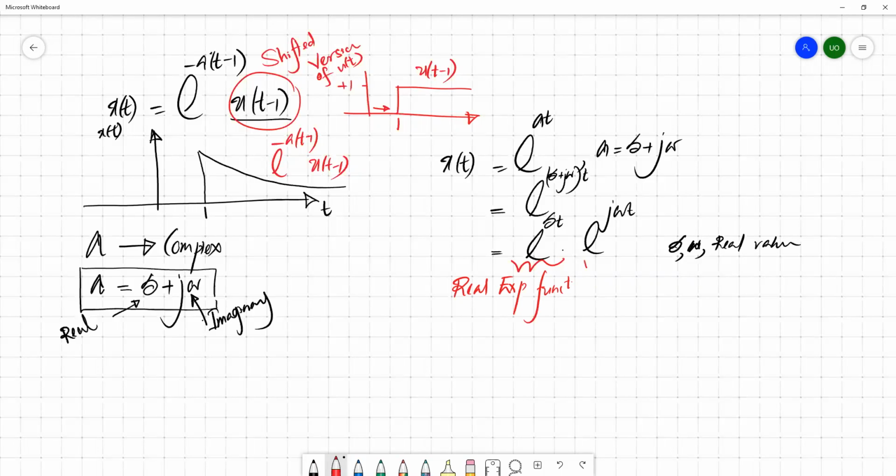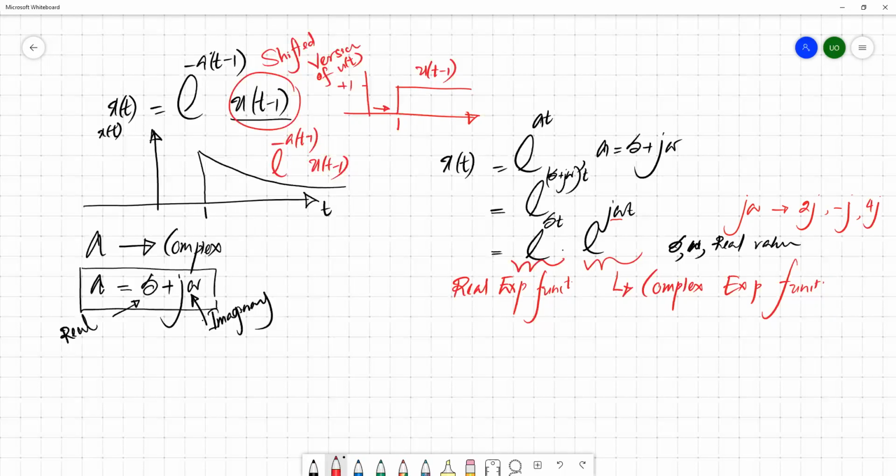What about this other part? It becomes a complex exponential function, because here the exponent is a complex number, j times omega, something like 2j or 4j.